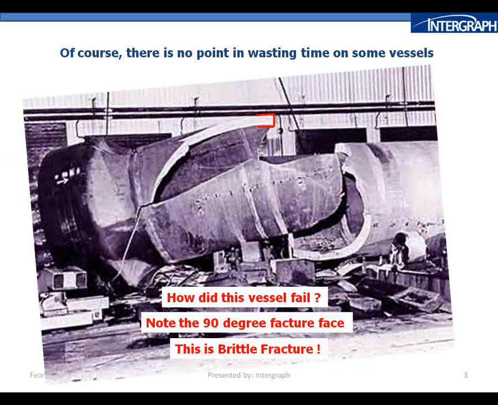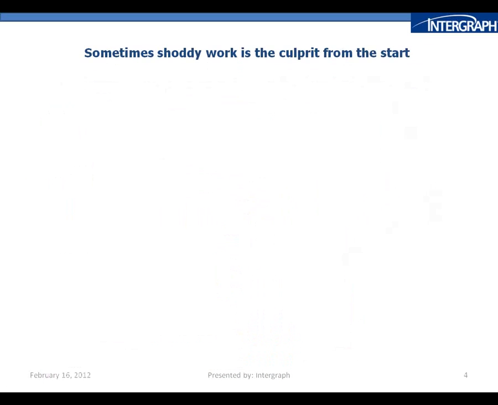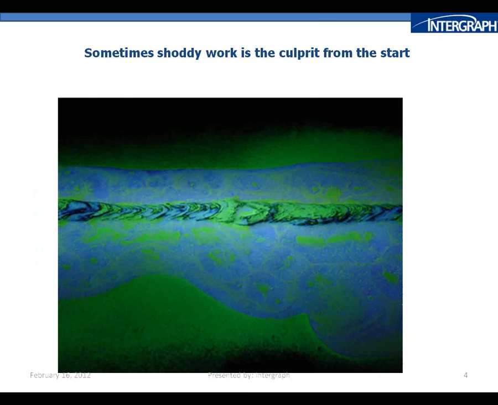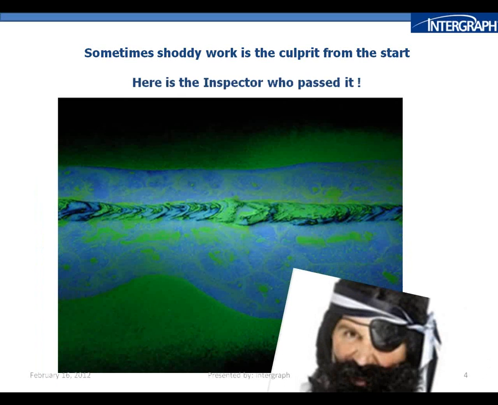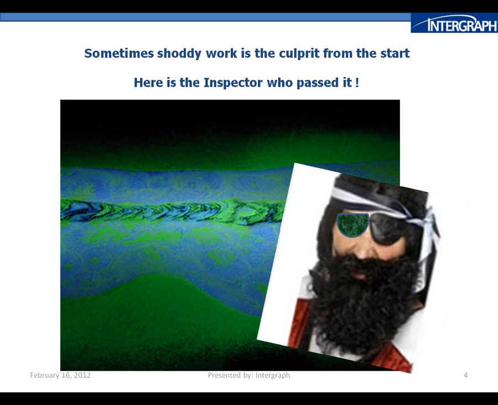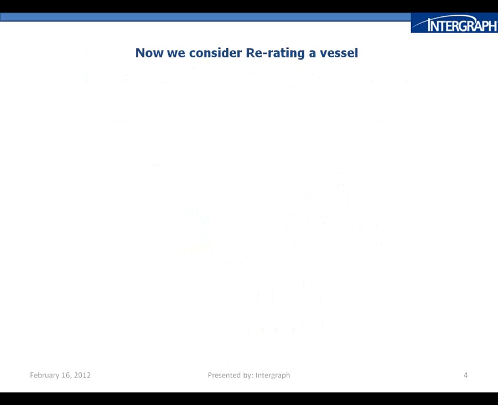I just thought I would mention it out of interest. Sometimes we see shoddy work. We can see that this weld is very, very badly executed. Maybe this is the inspector that passed it. Maybe he was completely blind. So we can see that some of this work shouldn't really get out of the zoo in the first place. It should be left in the workshop.